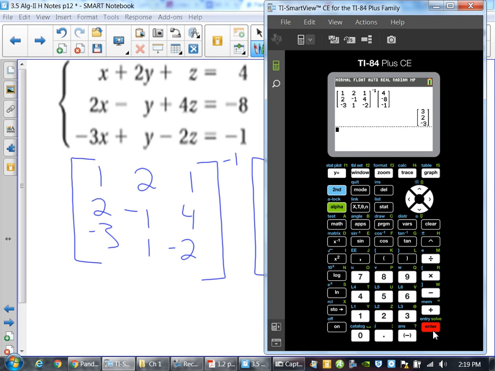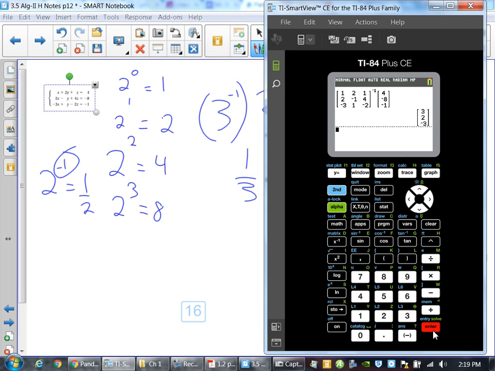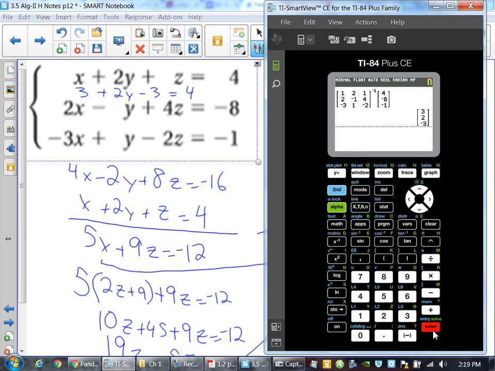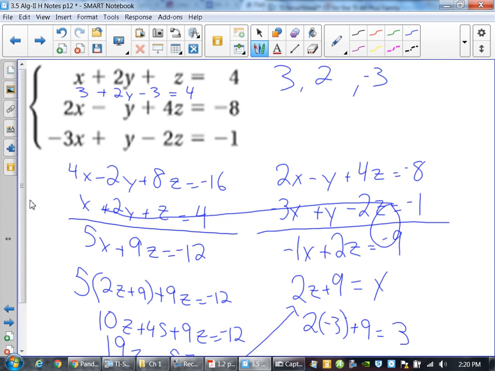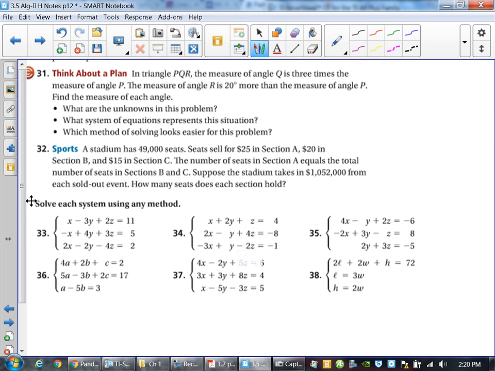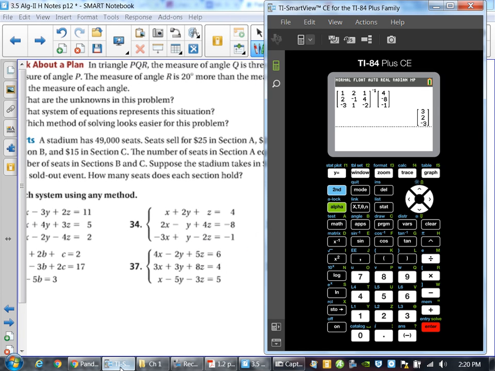Remember, which problem was that? It was 37. So 37 was this one, right? So if I hit the one with 37, it's actually, ladies and gentlemen, a good question.